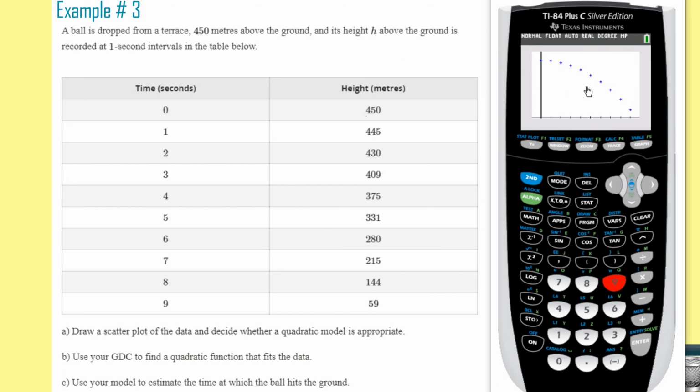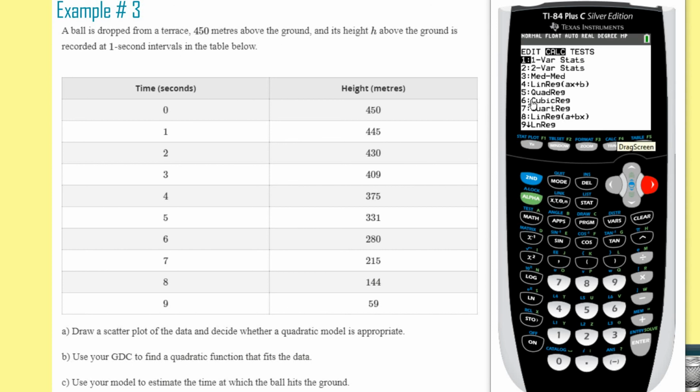And yes, that looks like a quadratic. It looks like it's starting to do that curve. So yes, I would say a quadratic model is appropriate. So now let's find a function that fits the data. So now to get the equation, hit clear and go to stat, go to calc, so scroll over and hit calc.